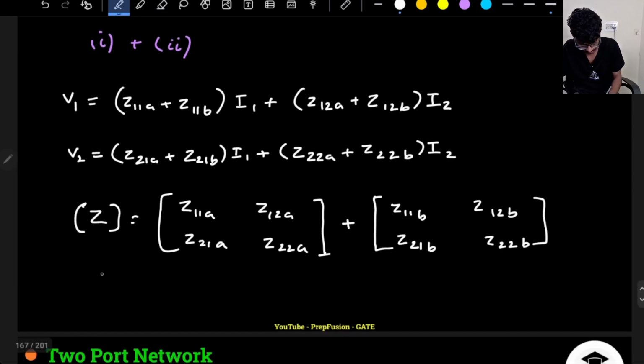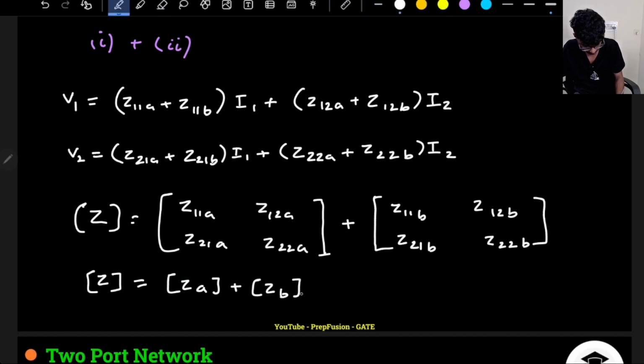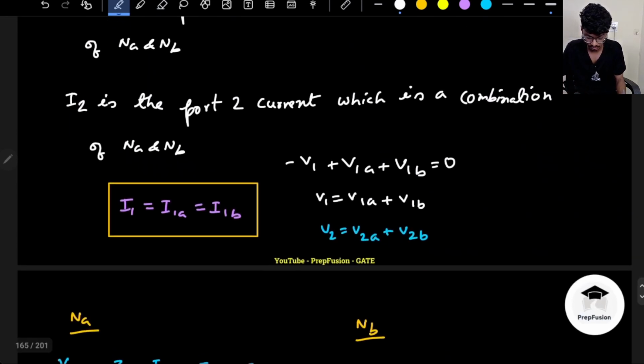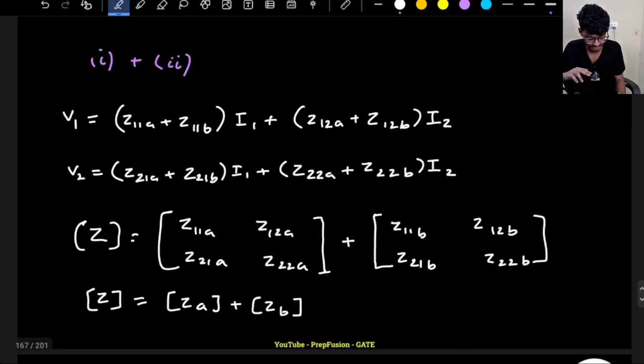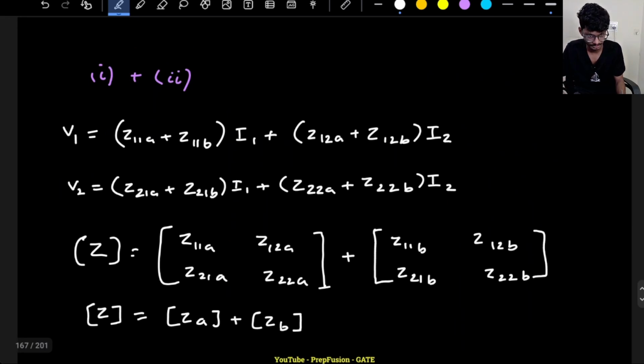If I add these two matrices, this will be ZA plus ZB. So this is the answer for this particular derivation. You have understood why it is simply the sum of the two Z parameter matrices.